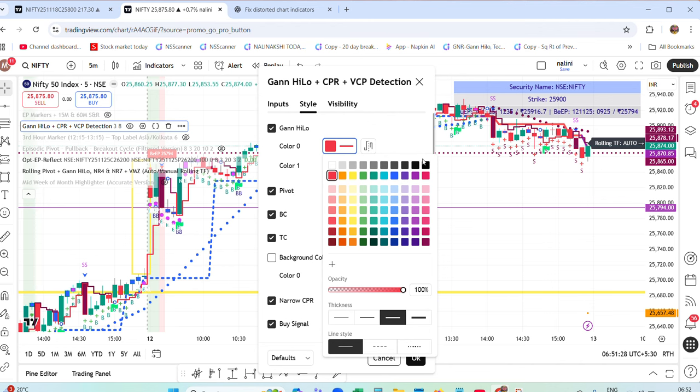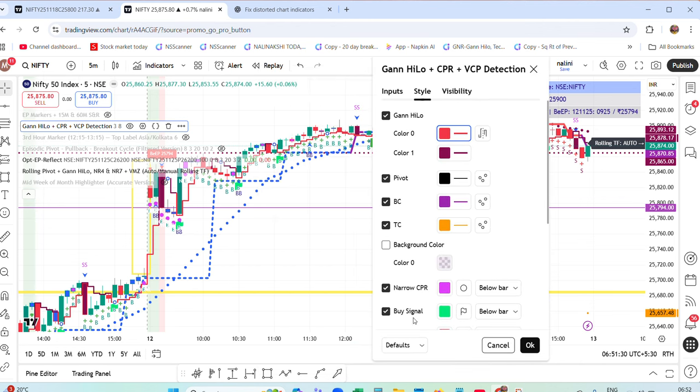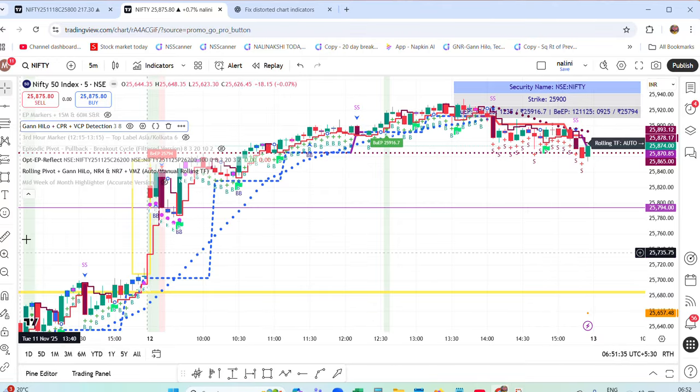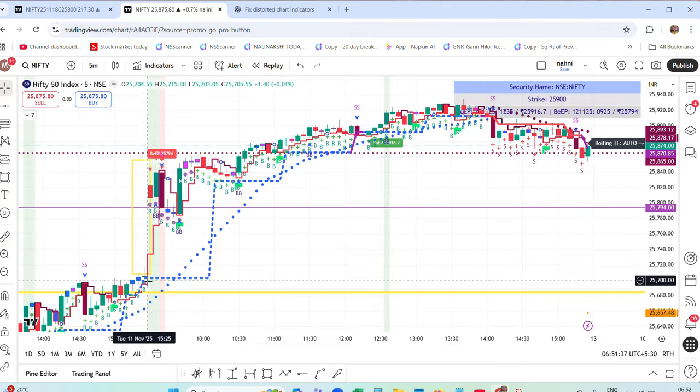I will save it as default, you can do this too because it will be visible for you. Why is it showing dark red?